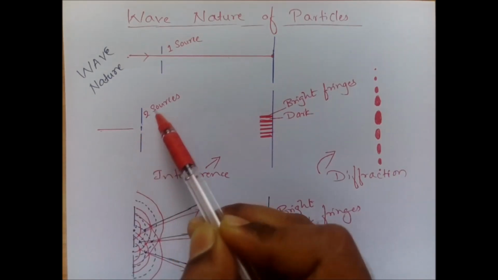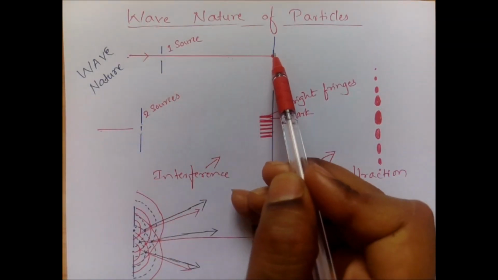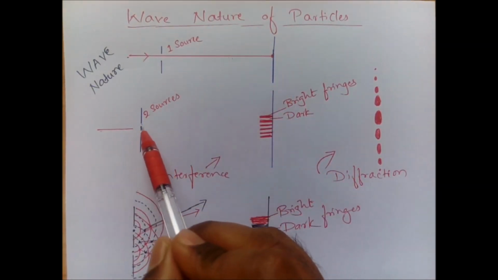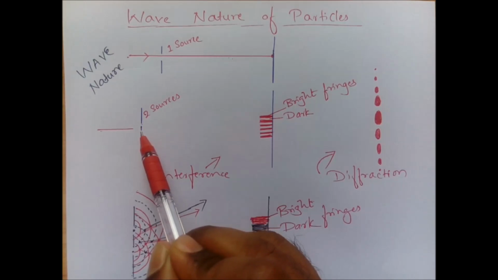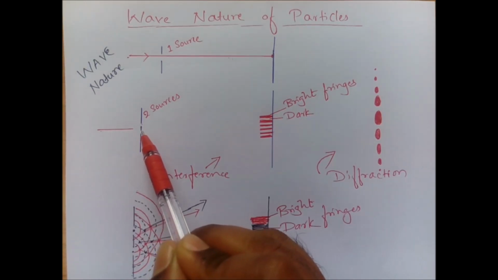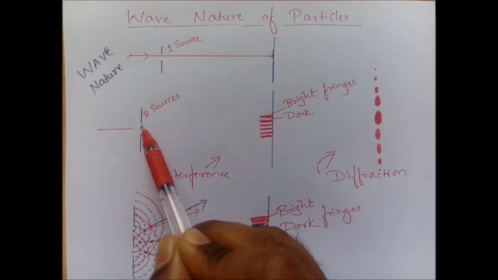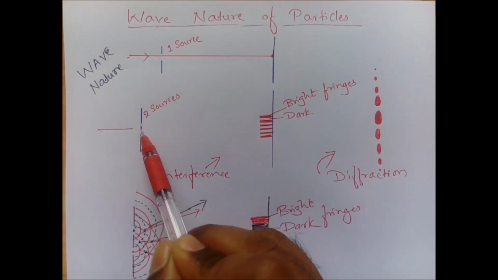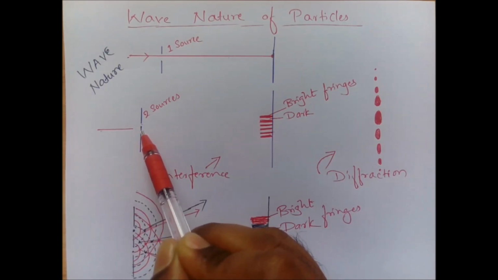Earlier there was only one slit and light was falling on this screen. Now we have two slits. Why do we have two slits? To make the two sources coherent sources. That means the wavelength will be the same there. And so these are coherent sources, so that we have interference there.